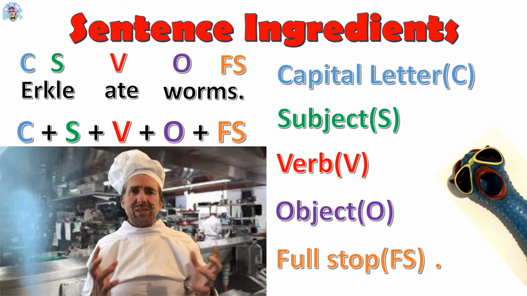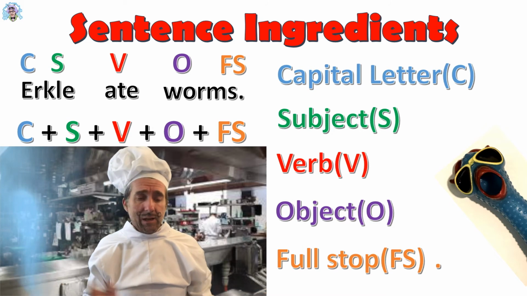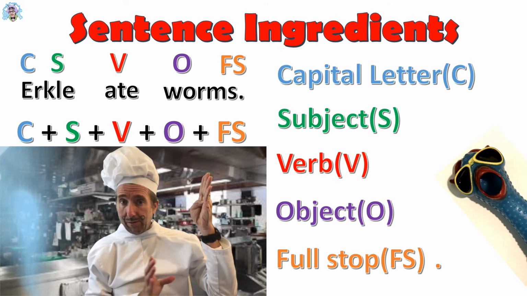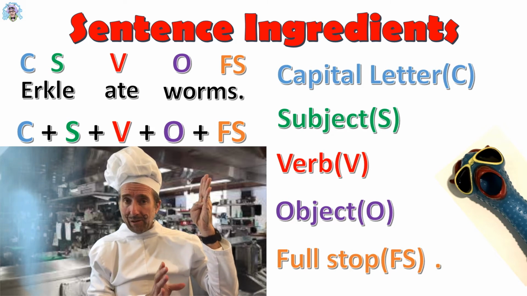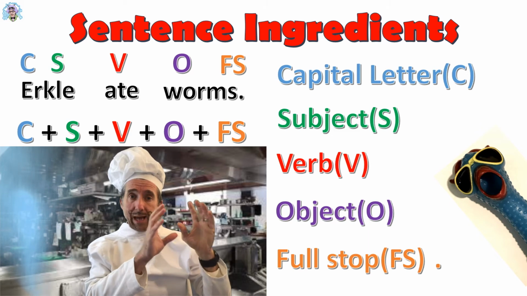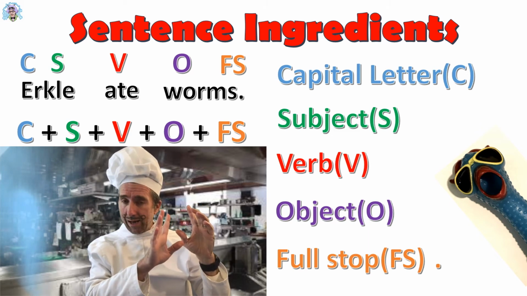So if you're going to think in a mathematical mind on how to make a sentence, you could think of it this way. Capital letter at the beginning of the first word in the sentence, plus subject, person, place, or thing doing the action. And that's normally the thing that will start with the capital letter. Normally, not always.